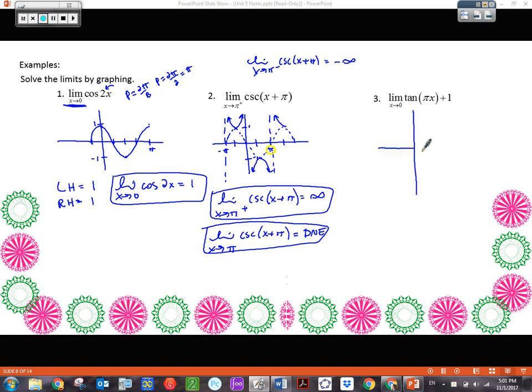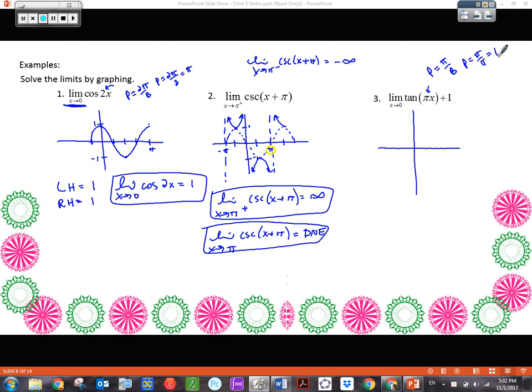Alright, so let's look at this graph. We're looking at tangent. So let's think about this. Tangent, this period is going to be altered, isn't it? So for tangent, the period is pi over b, right? Our normal period for tangent is pi. So that's my b. So the period would be pi over pi, which happens to be 1.